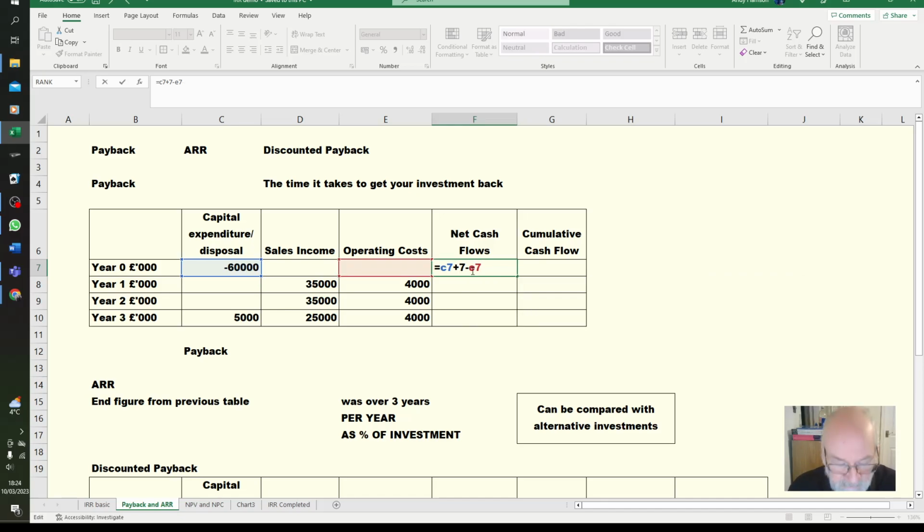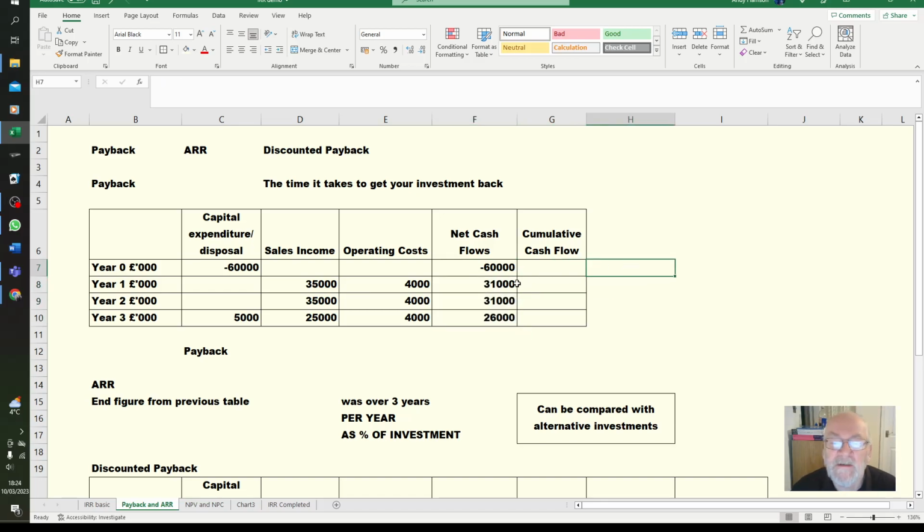Minus 60,000 as we would expect, and I'm sure you've already worked out we're expecting to see 31,000, 35 in, 4 out, and then 30,000 in between the two items and 4,000 out.